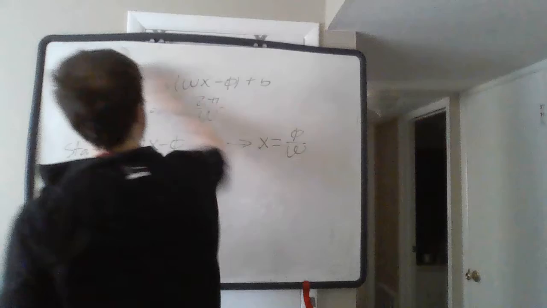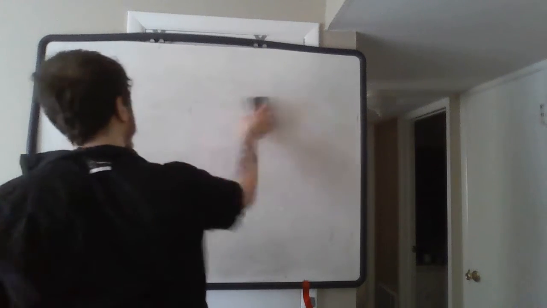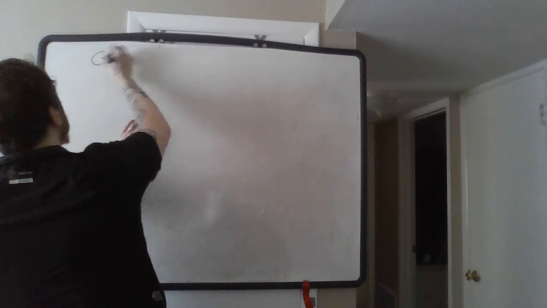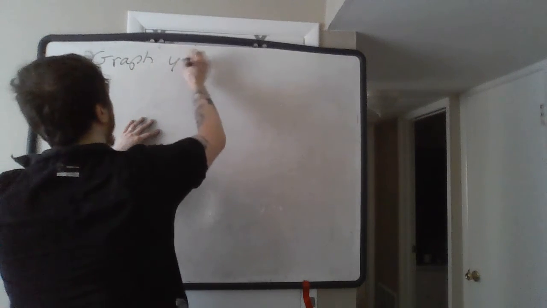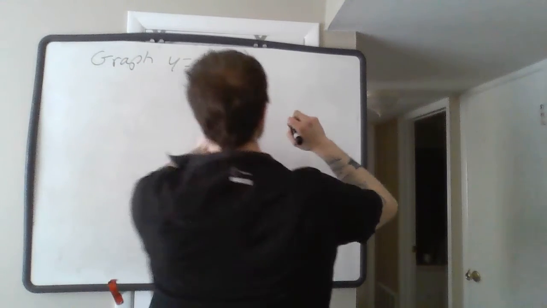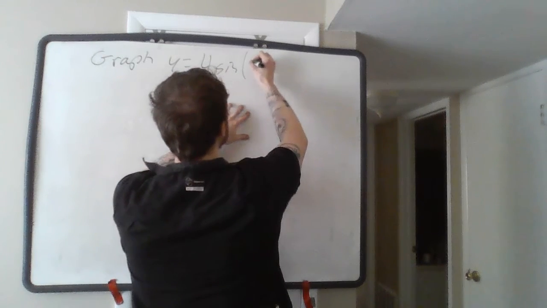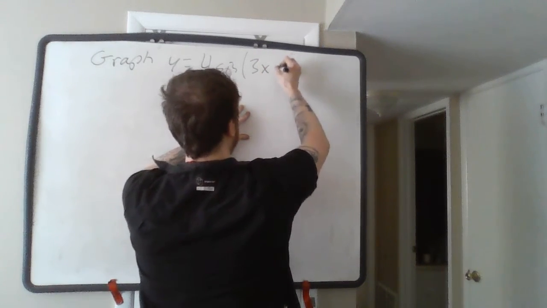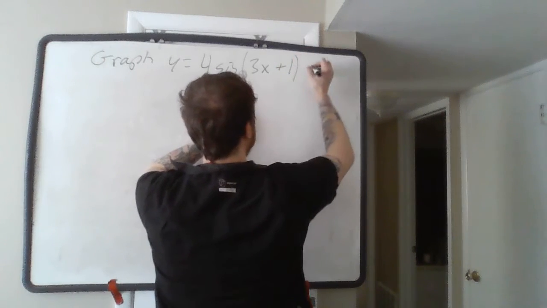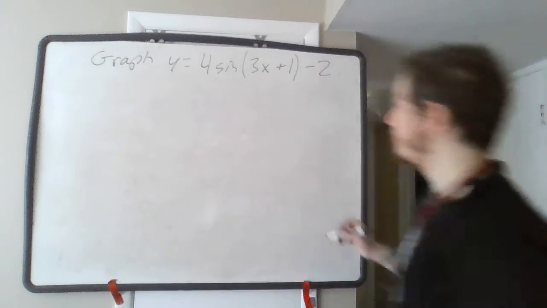So let's take a look at actually using all of that stuff in a particular example. Let's say that I want to graph y equals 4 times the sine of 3x plus 1, and then out here we're going to have a minus 2.